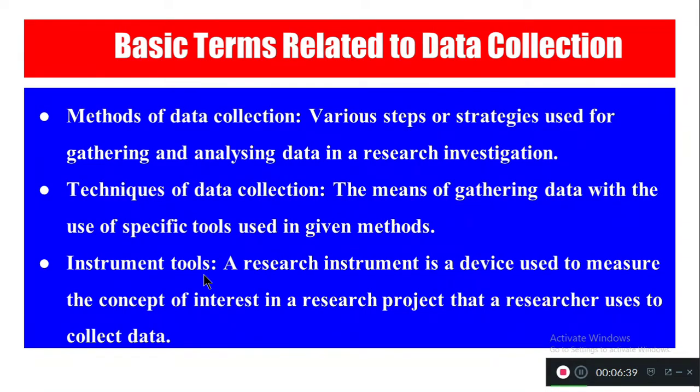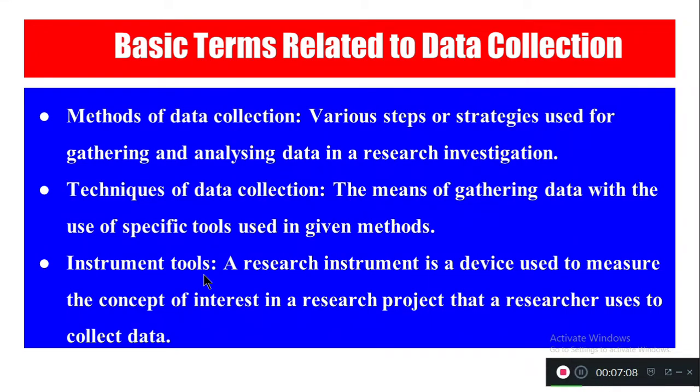Next one is instrument, to observe certain research concepts which you are interested to study. How you are going to observe that? Sometimes when we want to observe the blood pressure of a client, then we use the instrument sphygmomanometer. When we want to assess the functional values of the lung volumes, then we use spirometry.